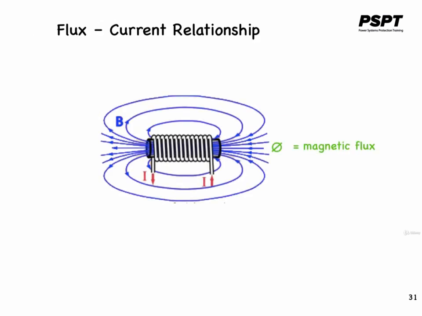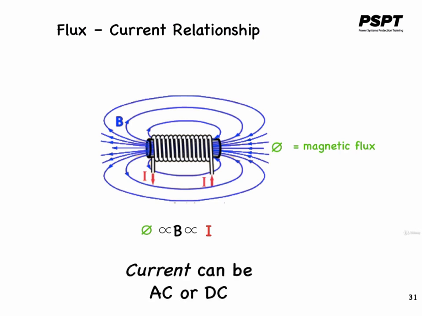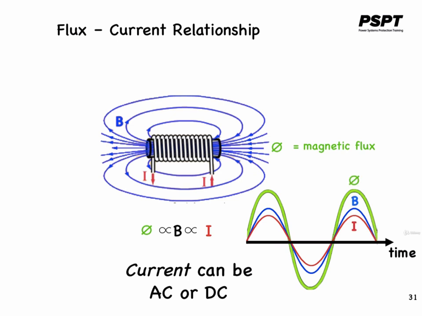Before proceeding, I want to emphasize an important concept to remember, and that is flux and flux density are related to the current, such that the current is always proportional to the flux and the flux density. That is, regardless of whether that current is AC or DC, which means that when flux and flux density are zero, the related current must be zero.